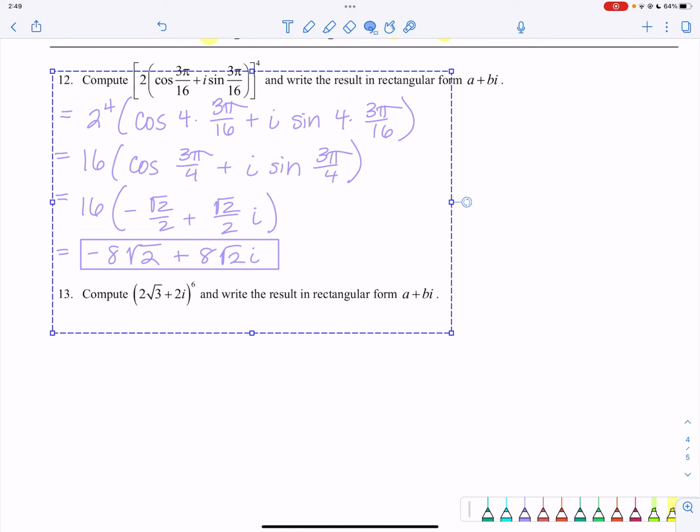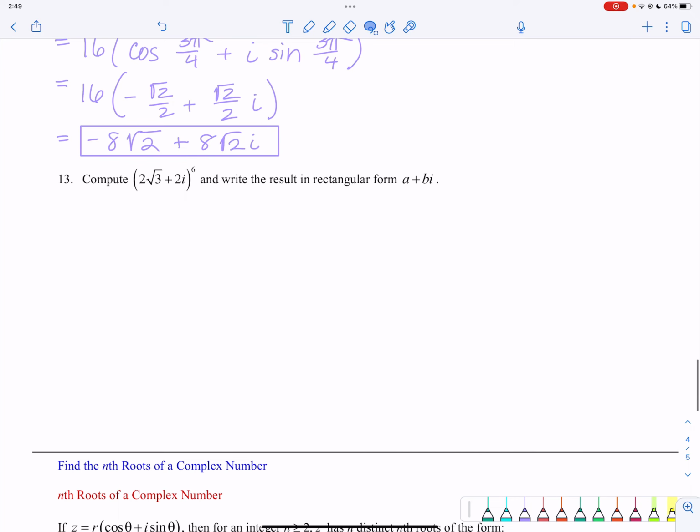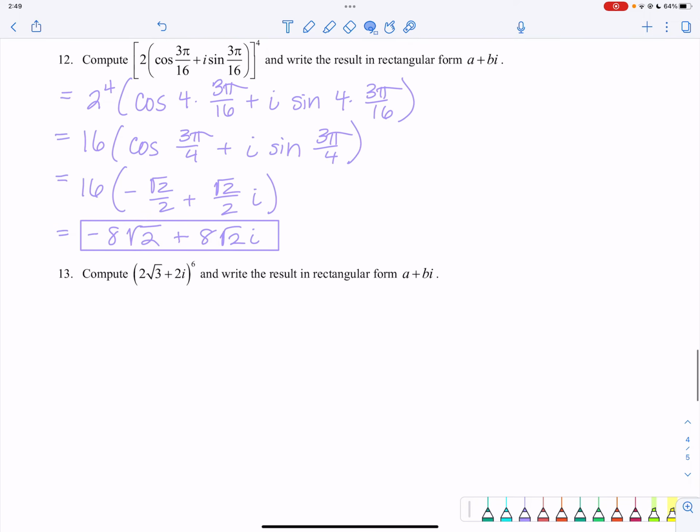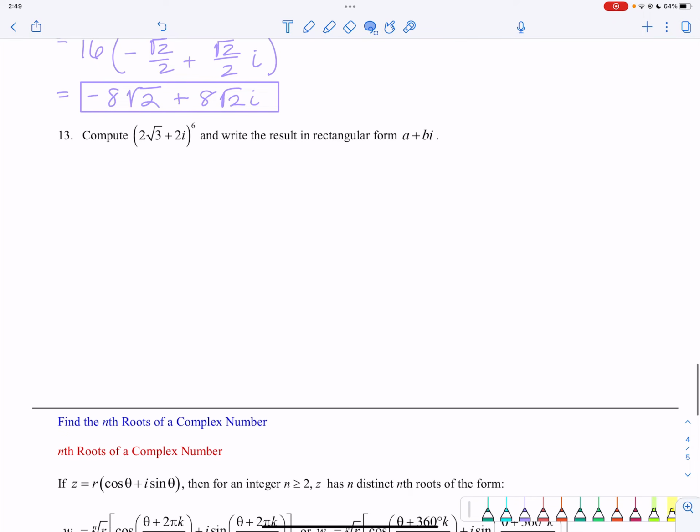Taking a look at number 13, we see that we have 2 root 3 plus 2I raised to the 6th power. And so, again, we will write this in the form of A plus BI. So we have R is equal to the square root of 2 root 3 squared plus 2 squared.